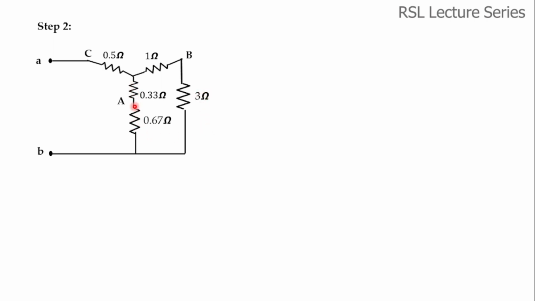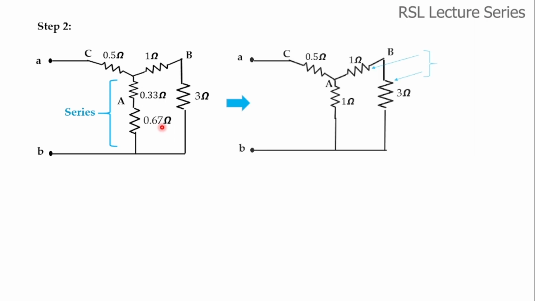Now if you see here, these two resistors are connected in series. In a series circuit, the total resistance is given by the sum of the resistors. So we can add these two resistors. 0.33 plus 0.67 is nothing but 1 ohm. Now the circuit is redrawn like this. These two are added and converted to a single resistor.